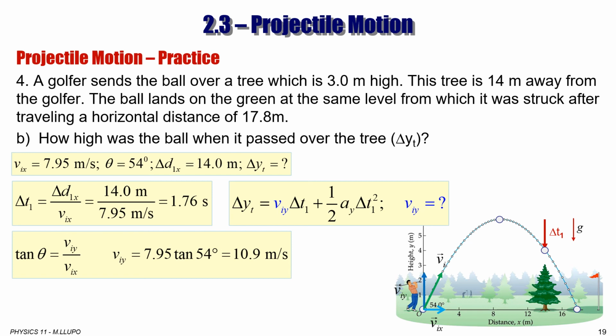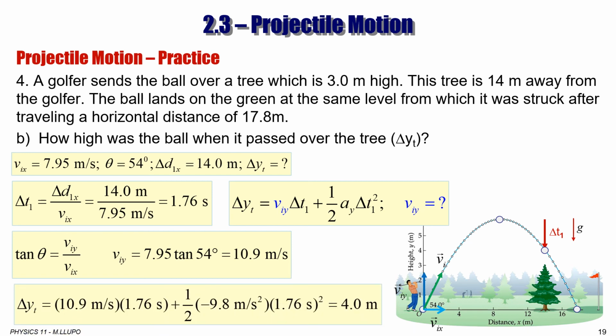Then we go back to that equation and we can plug in numbers. V initial y is already found, 10.9 meters per second. Time is 1.76 seconds. a y is minus 9.8 meters per second squared.